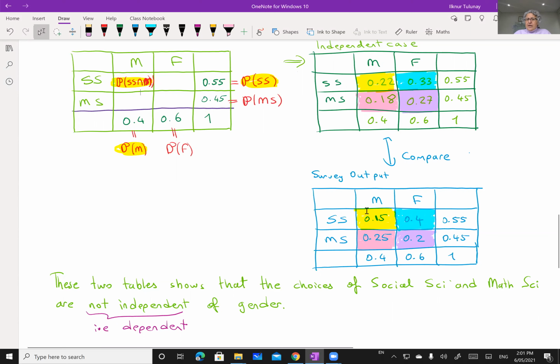If they were independent, the survey results would be much closer to these ones. Statistically, this is not an explicit way of saying it. We need to apply a chi-square test, but that is another subject to work on.